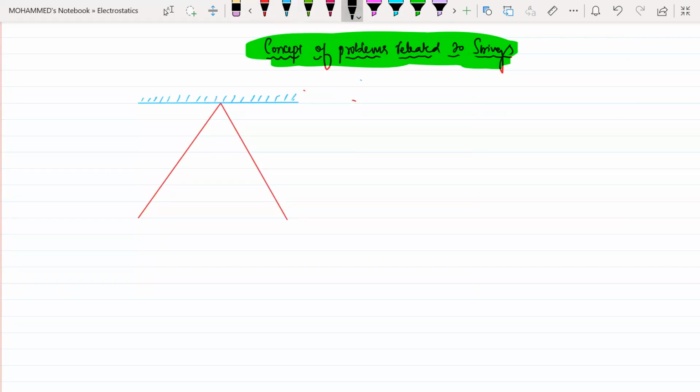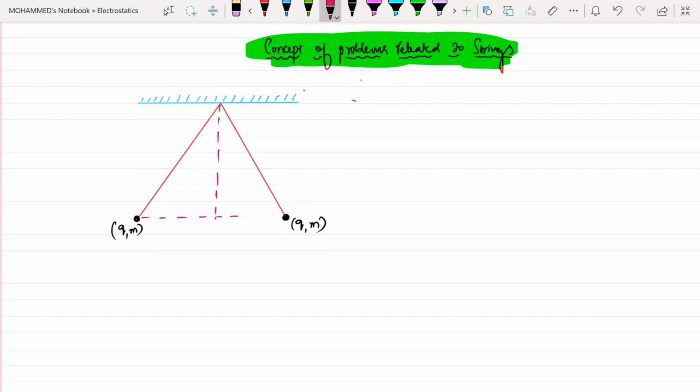And here we are having two charges kept somewhere. Here there is a charge of Q and mass of M. This is also a charge of Q and mass of M. So obviously there will be a force in between them. What type of force will exist between them?